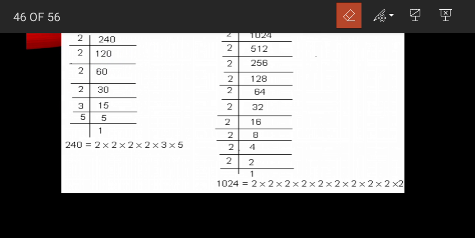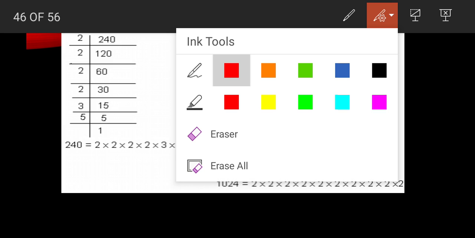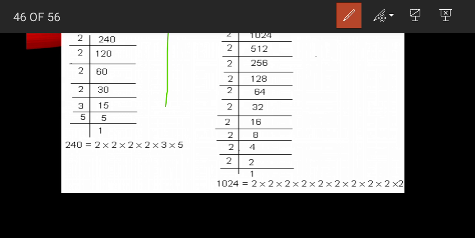In this way you have to prime factorize a number. In this way I have prime factorized 240, that is 2 multiplied by 2 multiplied by 2 multiplied by 2 multiplied by 3 and 5.